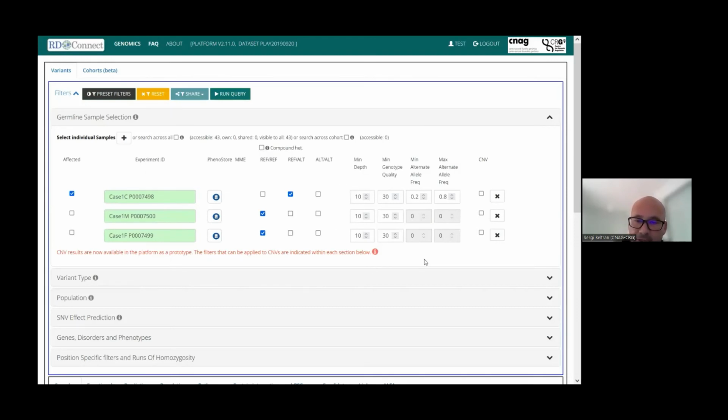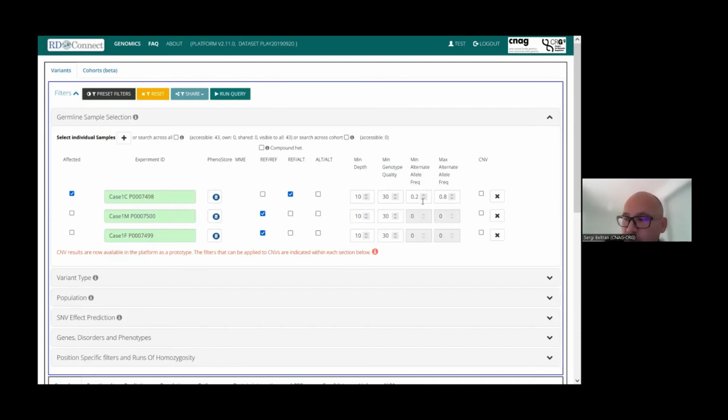Then we have some filters that I'm going to leave as they are by default. Basically, there is the minimum depth of the sequencing to allow a variant to be shown in the system, the minimum genotype quality of all these variants, and, in the case of alternative positions, the minimum and maximum alternate allele frequencies, which give us a bit of confidence that what we are calling is indeed a heterozygous position.